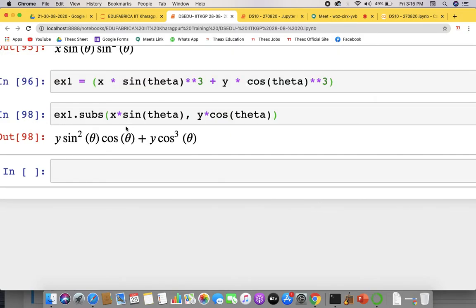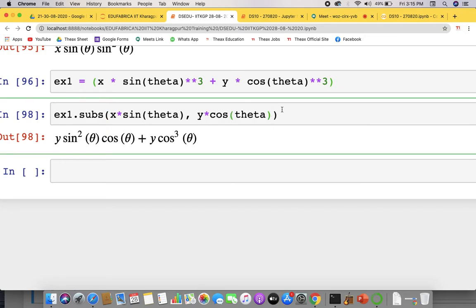So y sine squared theta cos theta plus y cos cube theta, and if this is equal to sine theta cos theta, this is going to be the equality.